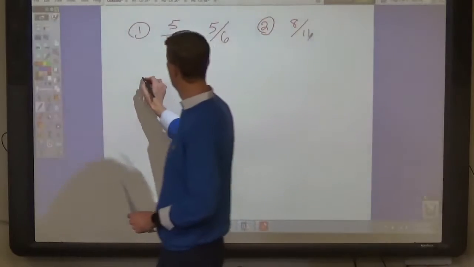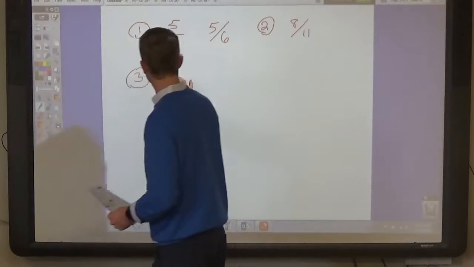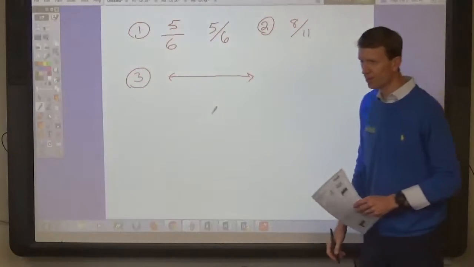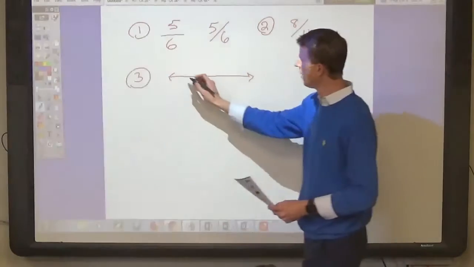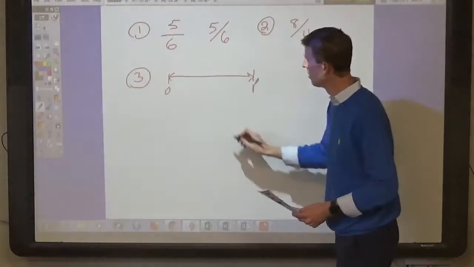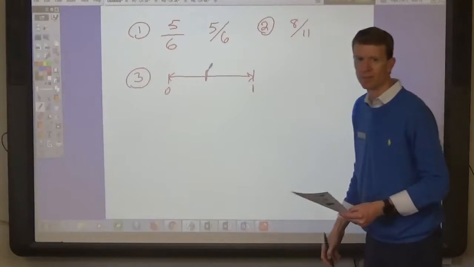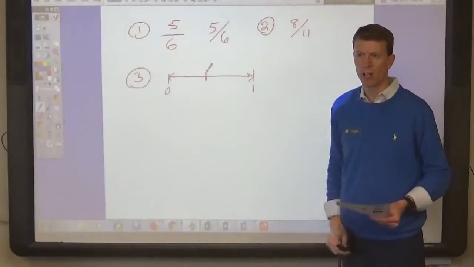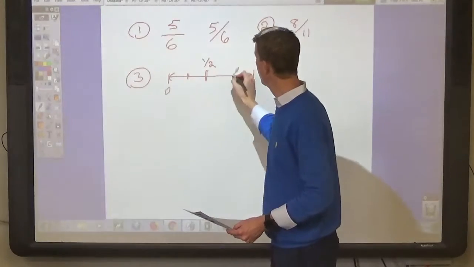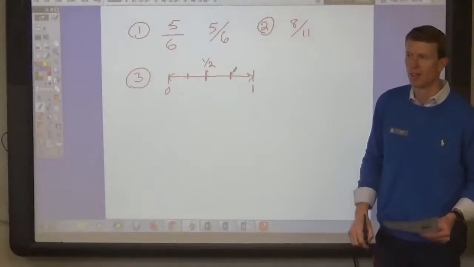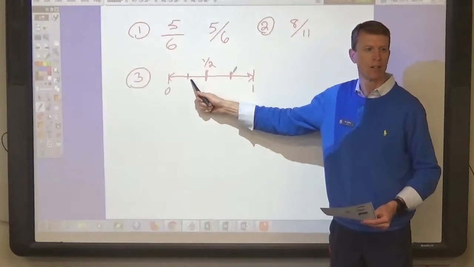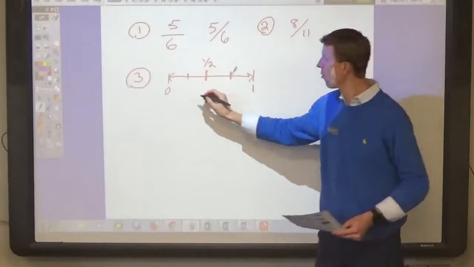The number line. So, where is the mark located? Where is that mark located? If this is 0, and this is 1, what's it right in between? What's right in between 0 and 1 again, Alyssa? A half. So what is in between the half? What's this one again? 1/4, good.